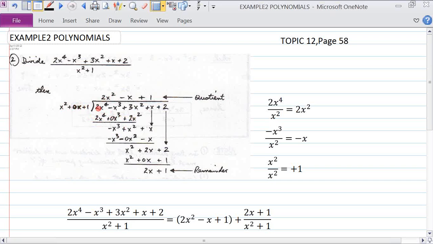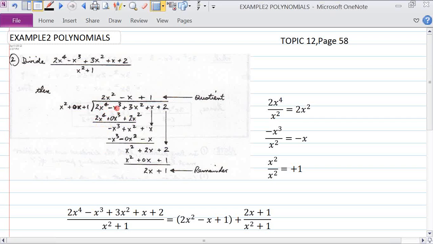Now I have to subtract this minus this whole thing. So 2x to the fourth minus 2x to the fourth gives me 0. That's why there's no term here.